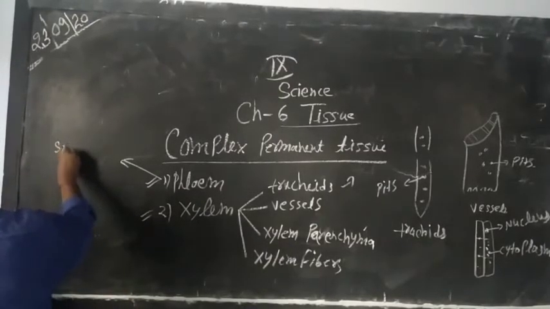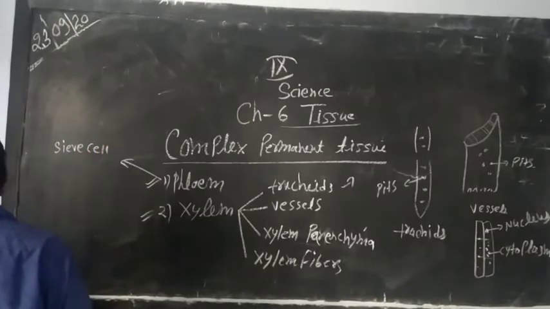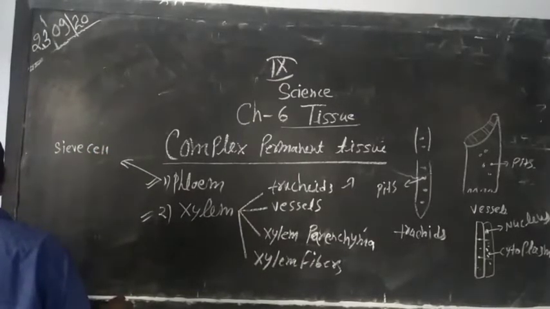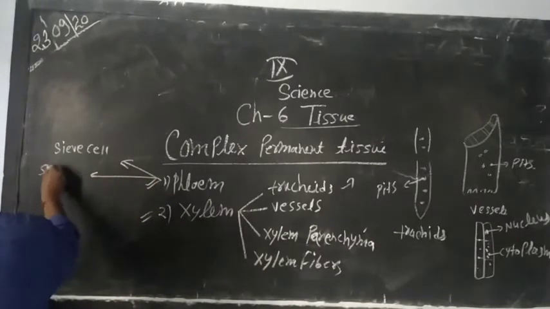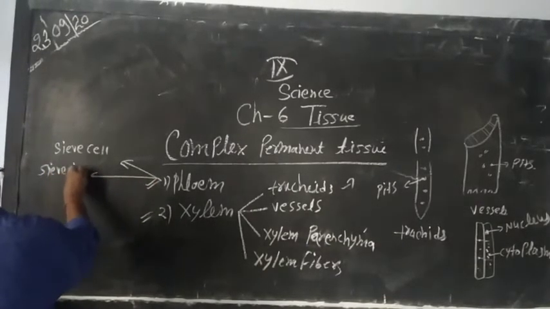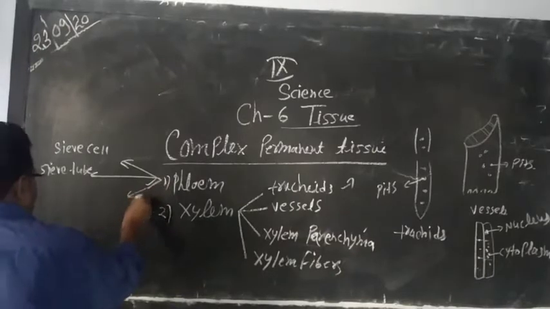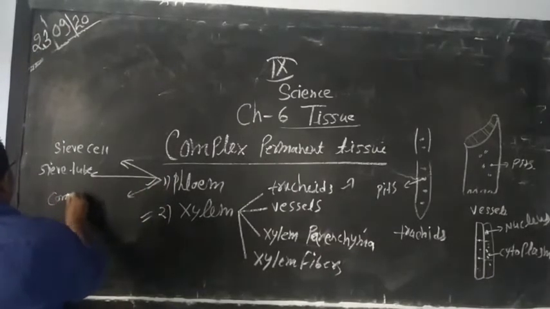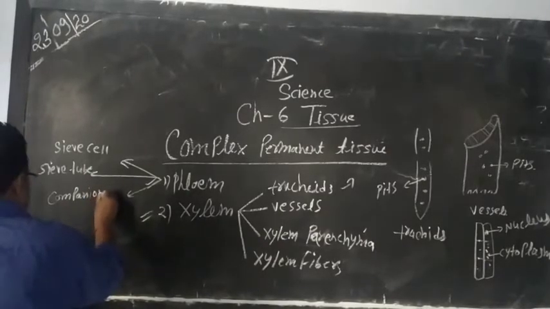First one is sieve cells. Second one is sieve tubes. Third one is companion cells.